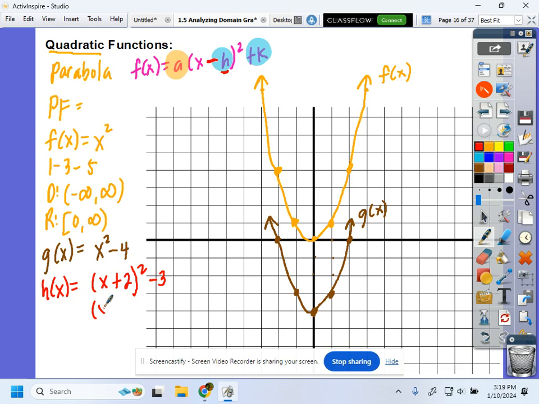X plus 2 is x minus negative 2, right? So the h here is really negative 2. That means the graph is going to the left 2, gonna go left 2 and down 3, 1, 2, 3, because the k is negative 3. And then you can do the 135: up 1 over, up 3, 1, 2, 3 over, reflection on the other side.